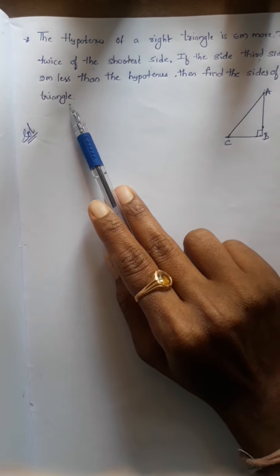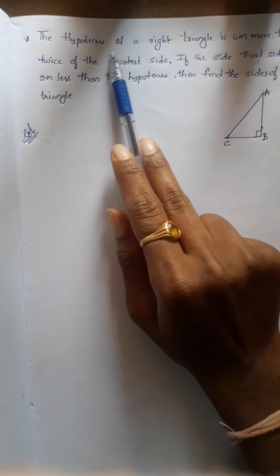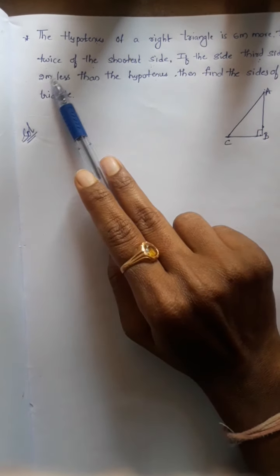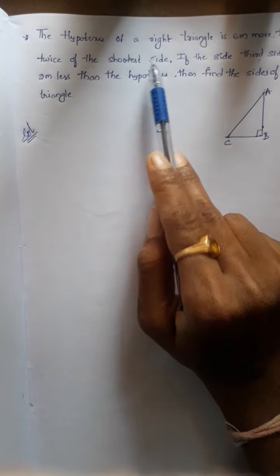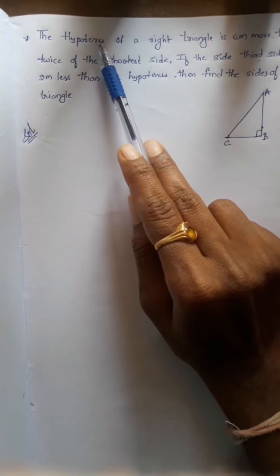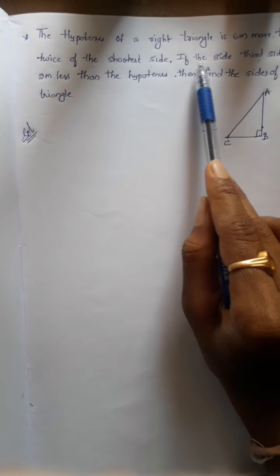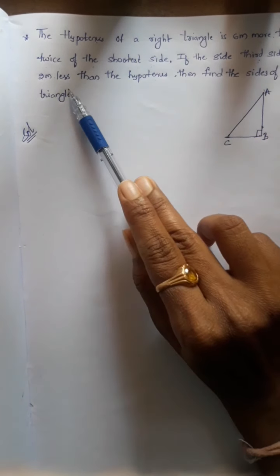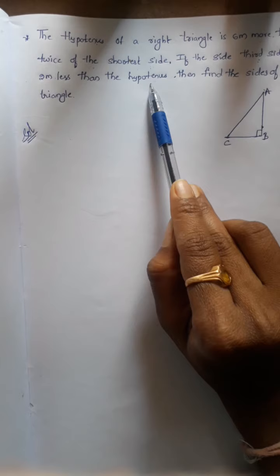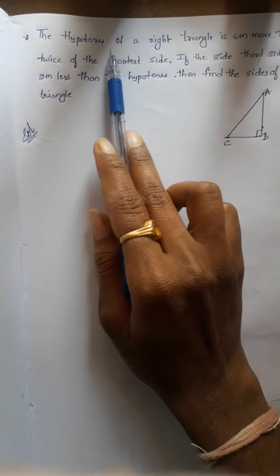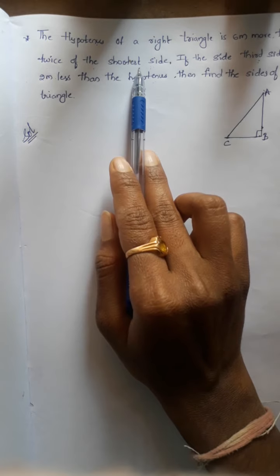Here the hypotenuse depends upon the shortest side, and the third side depends upon the hypotenuse, which depends upon the shortest side.